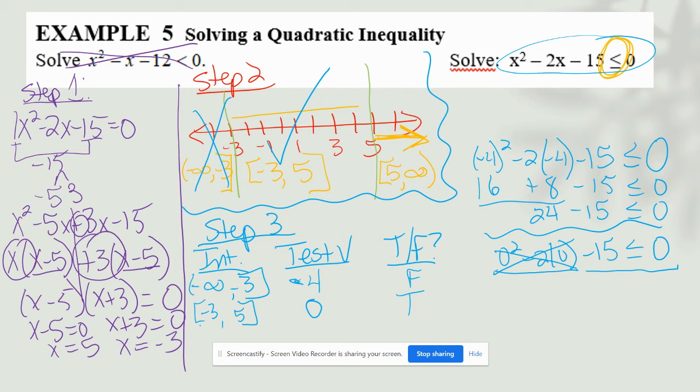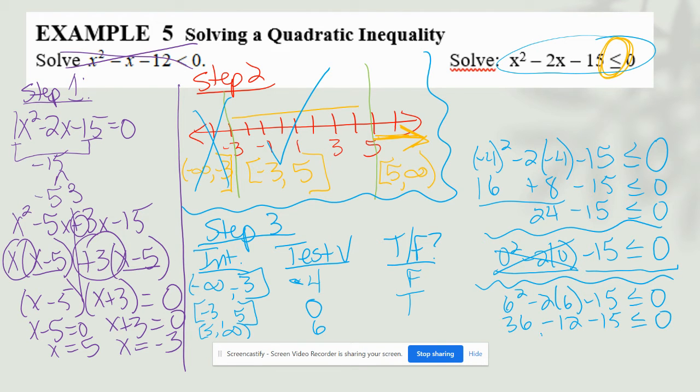Our last interval to check is the 5 to infinity. And I will pick 6. So we have 6 squared minus 2 times 6 minus 15. That's 36 minus 12 minus 15. 36 minus 27.